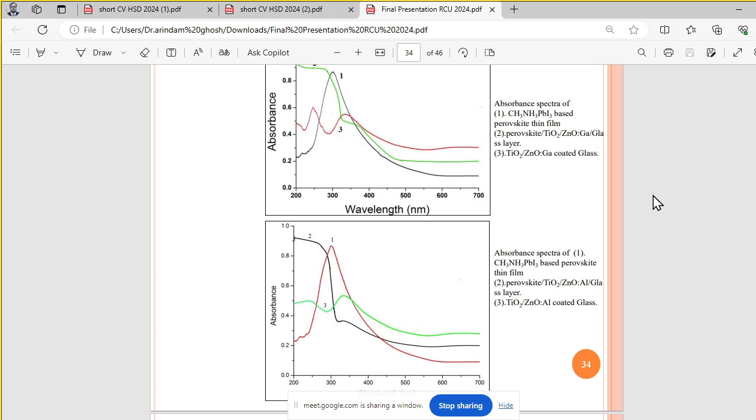This is the absorption spectra. After deposition of the perovskite layer onto the TiO2, ZnO:Ga glass layer, it shows higher absorption. Then we studied the XRD. The XRD spectra of perovskite deposited on glass is shown in the next slide.